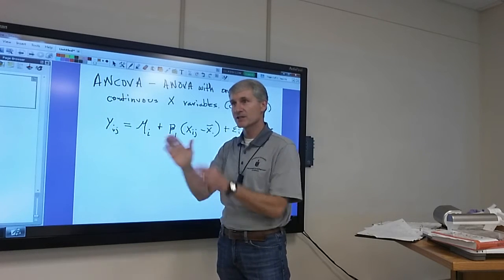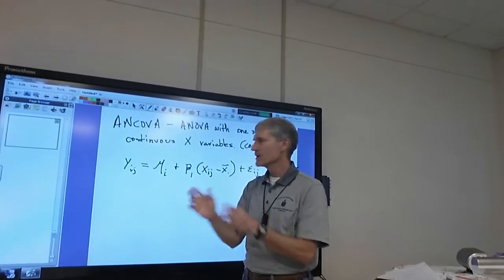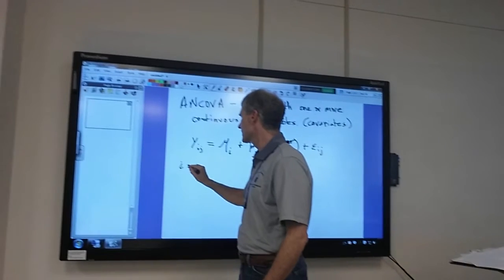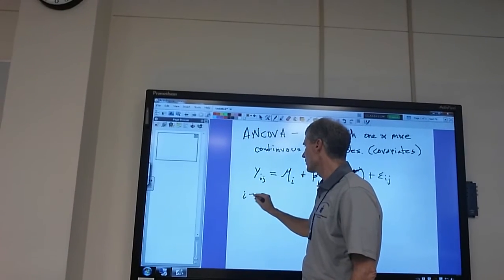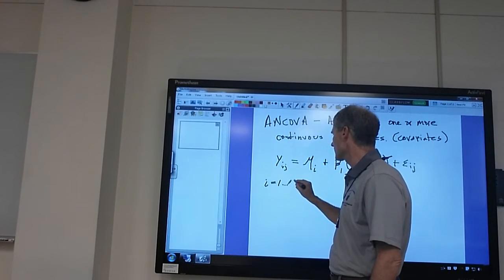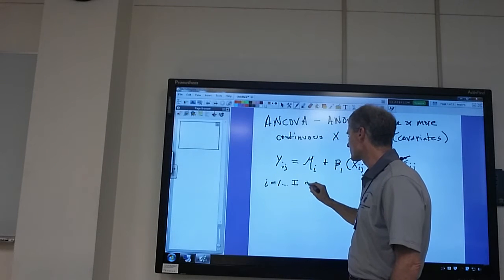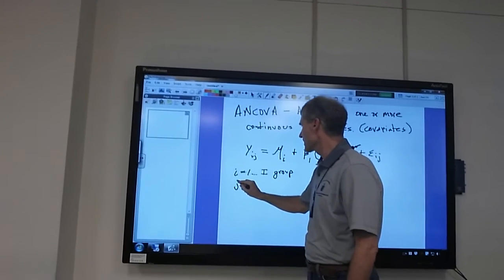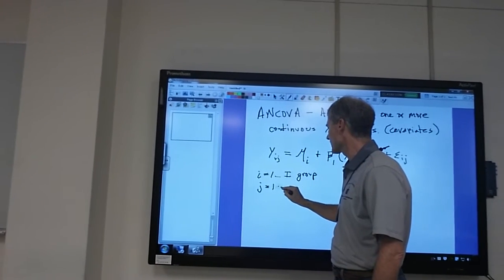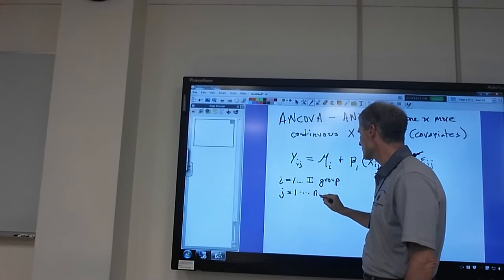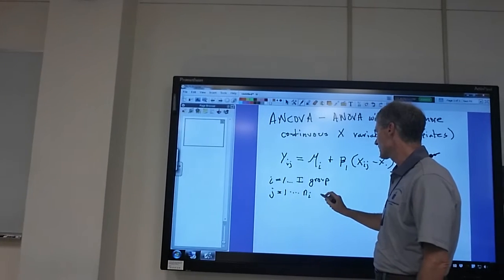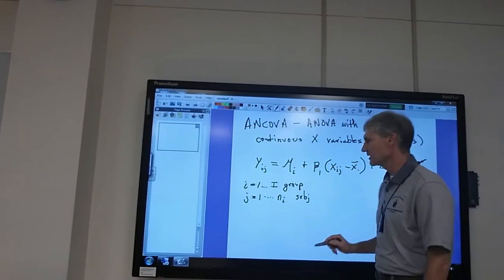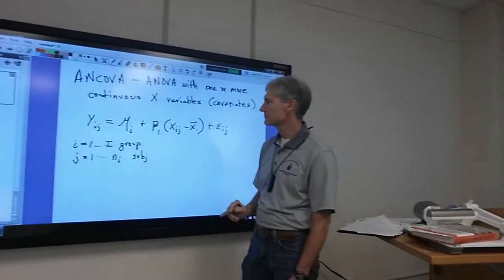So j is subject within group, and i is group. So i equals 1 up to capital I is group, and j equals 1 up to n sub i is subject in the ith group.